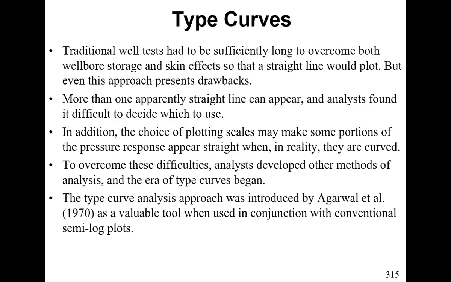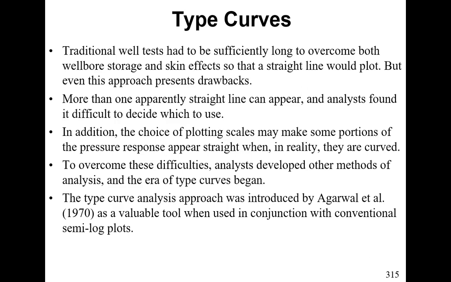And why this was important is so that the straight line portion on the semi-log graph would be identifiable. Apart from needing to flow the wells for a sufficiently long time so that the straight line would be identified, in some tests, more than one apparent straight line can be identified from the test data.